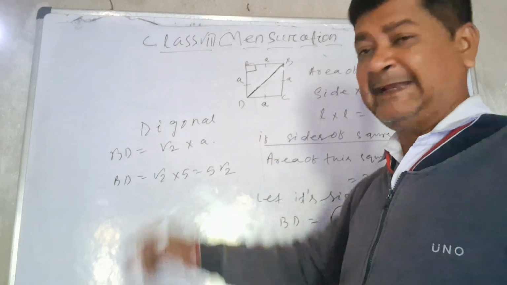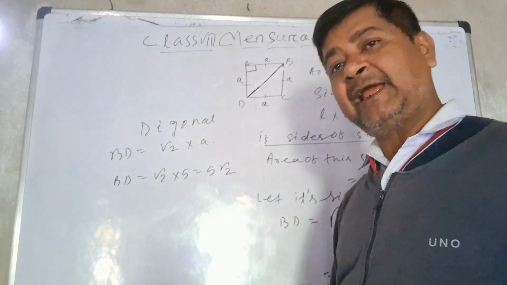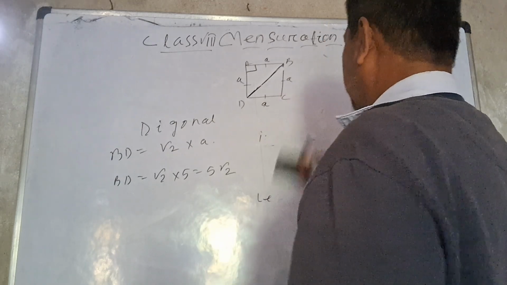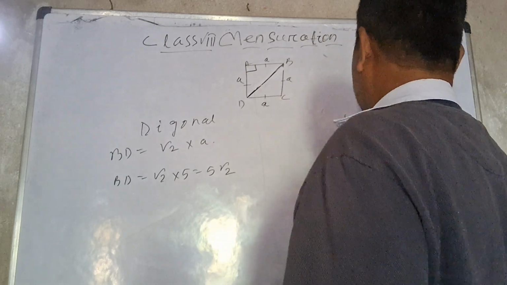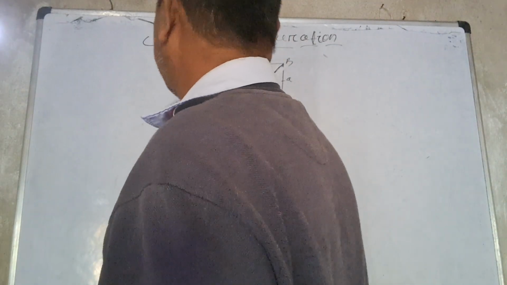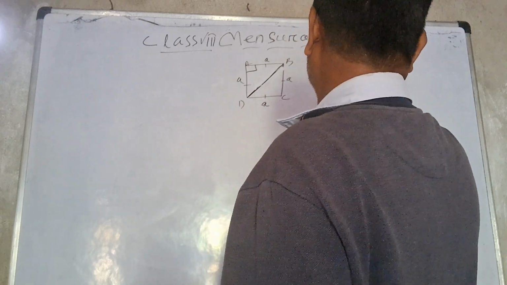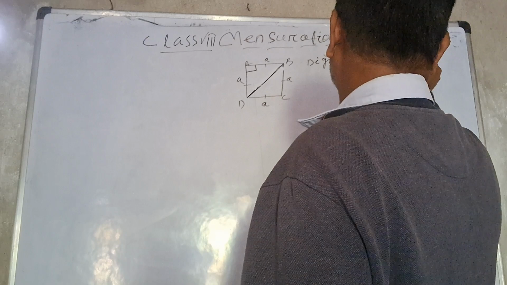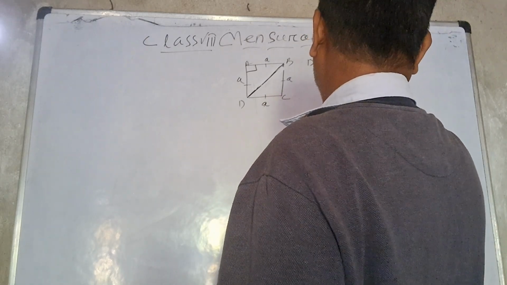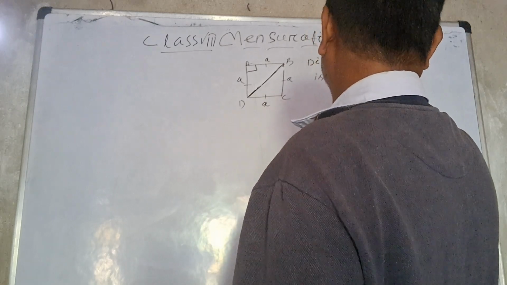Similarly, if diagonal BD is given, suppose I give you another example. Diagonal is given. Find area and perimeter of this square. Diagonal of ABCD, the square, is 10 root 2 cm.